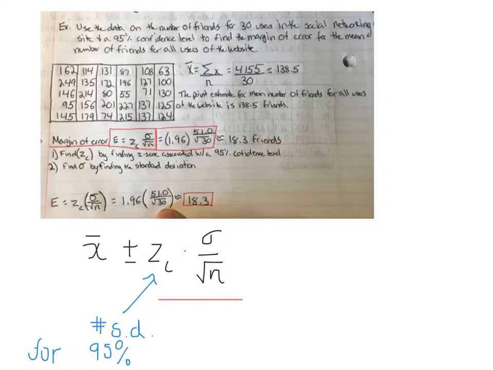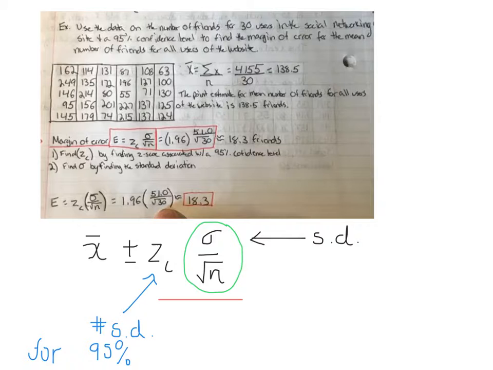That critical value, as it's referred to, is then multiplied by what's called the standard error. The standard error is determined by taking the standard deviation and dividing by the square root of our sample size.